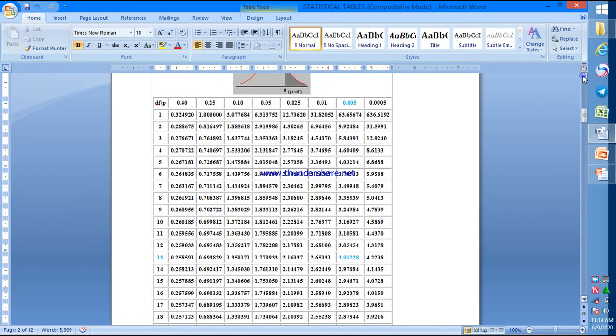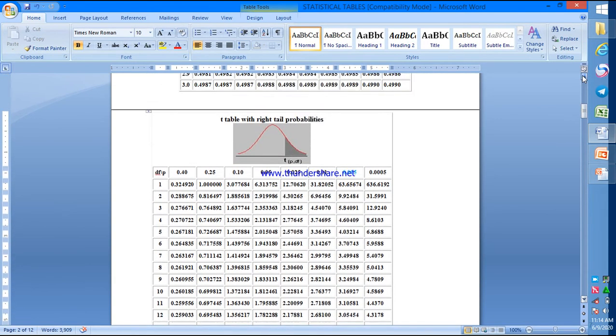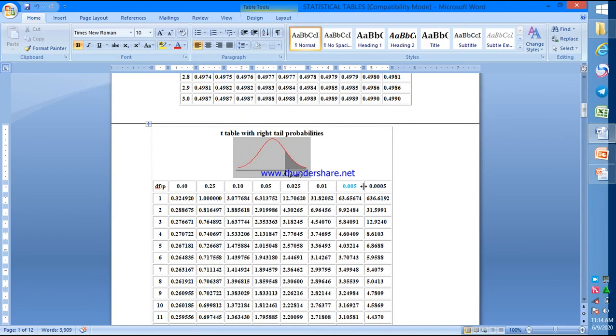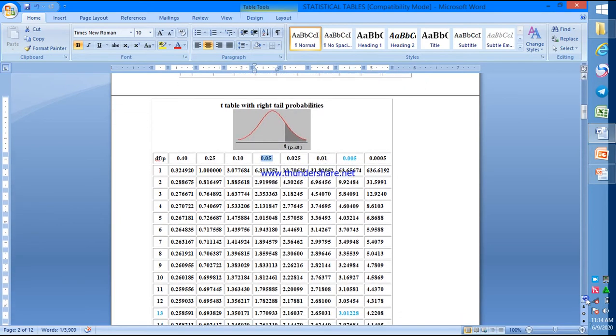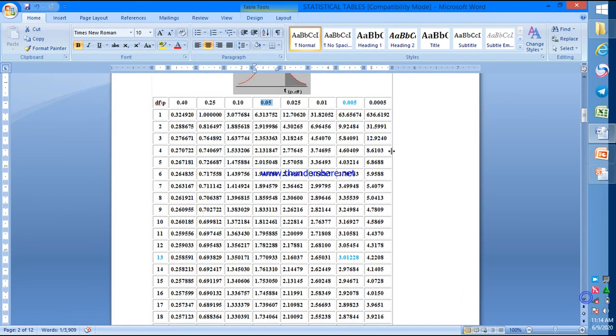Therefore, this is t distribution. In our case, alpha is 0.05, so that we select this column. Degree of freedom in our case is 22. Therefore, we look at the row with value 22.